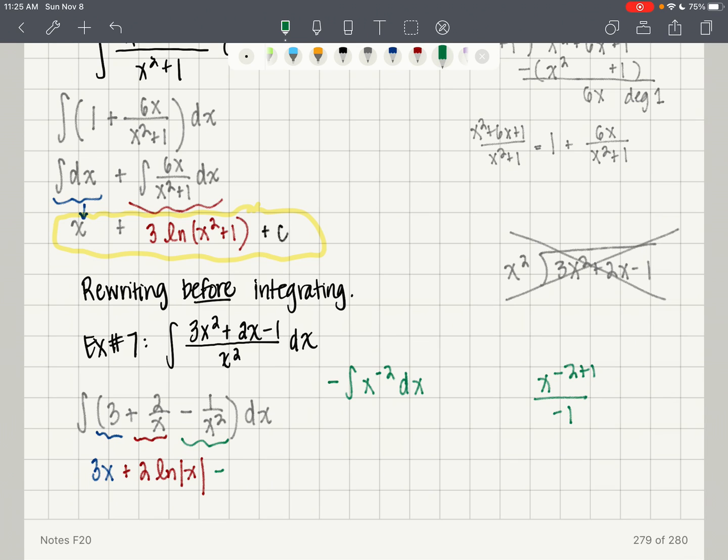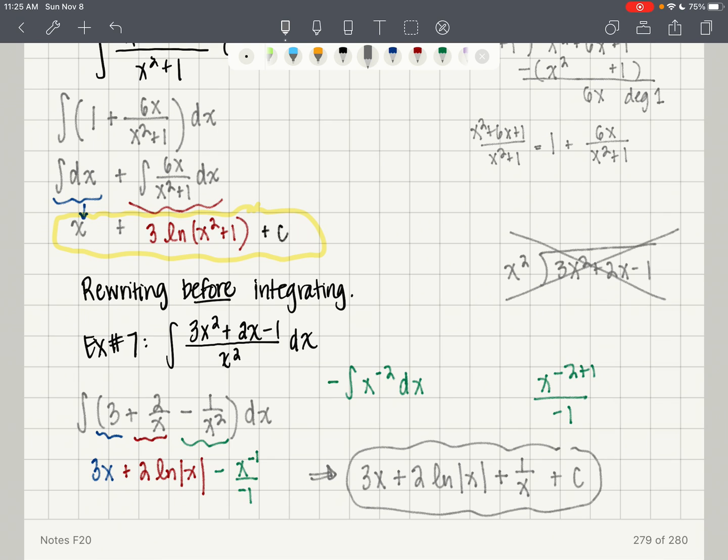So we'll have minus x to the negative 1 divided by negative 1. So I'm going to write this all out. 3x plus 2 times the natural log of the absolute value of x plus 1 over x plus c. And the reason that we were able to make that a positive is because this negative and this negative becomes a positive.